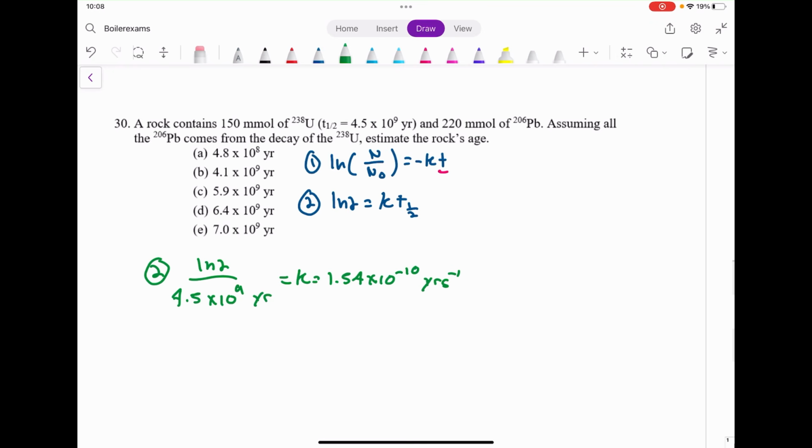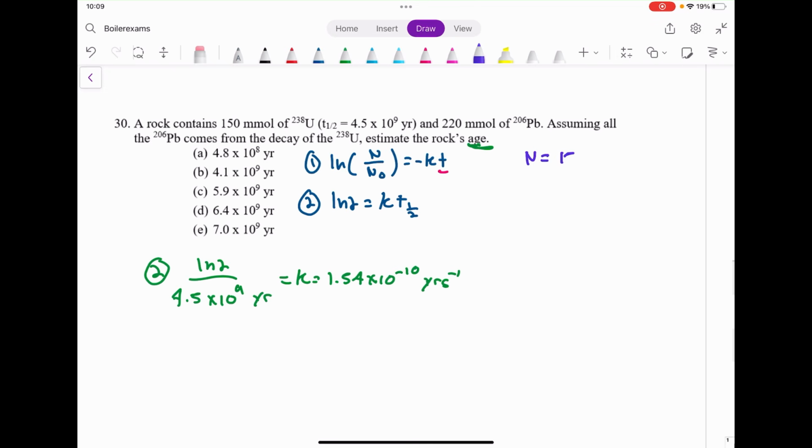Now we need to get N over N naught, where N is the number of moles or atoms or particles left after some time, which is the age, and then N naught is going to be the initial amount. Let's do a different color. Let's do purple. So N is going to be how much is left after some time.